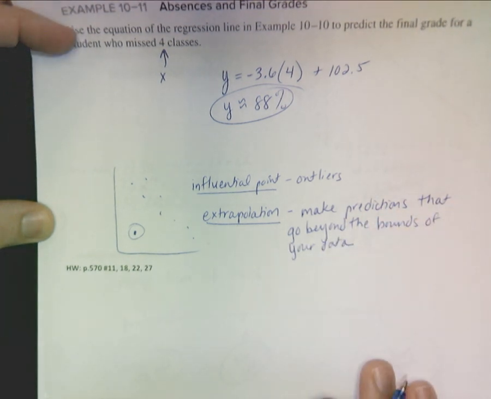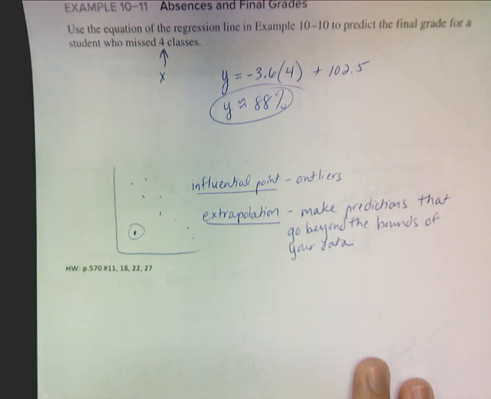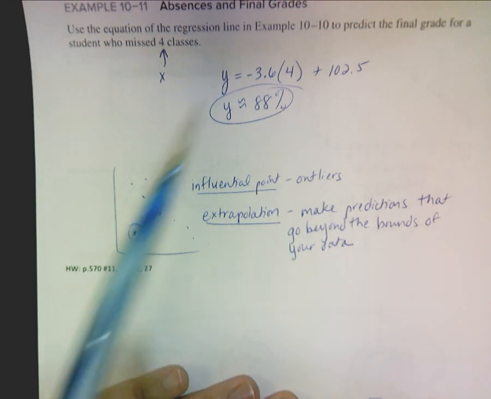Which is pretty cool because then you can say, all right, well, if I'm going to be absent 12 times, I could figure out what my grade is. And it's using this information, this equation, this very important equation.